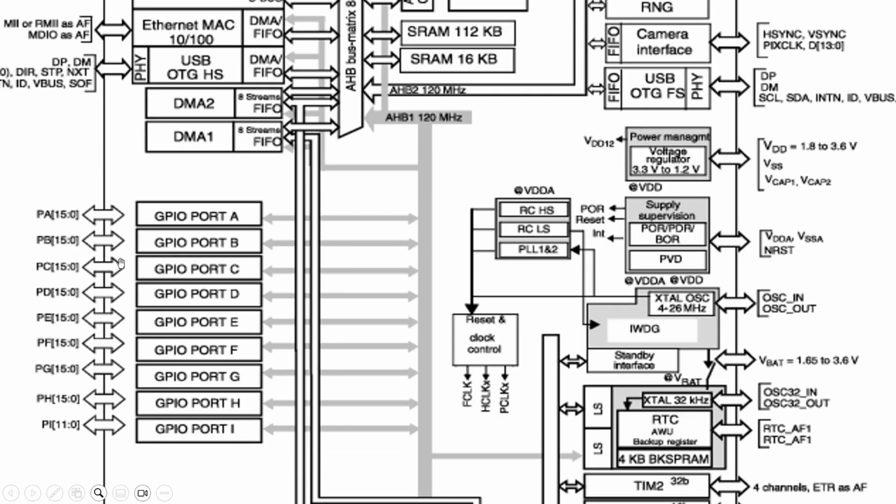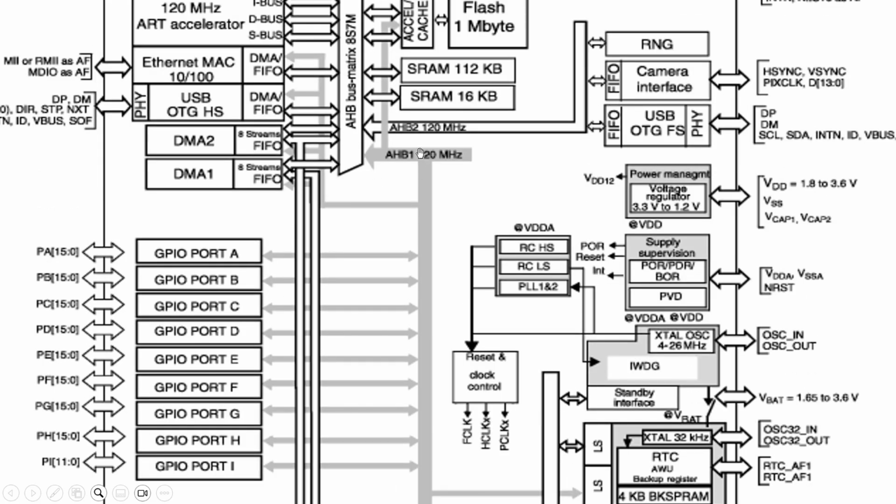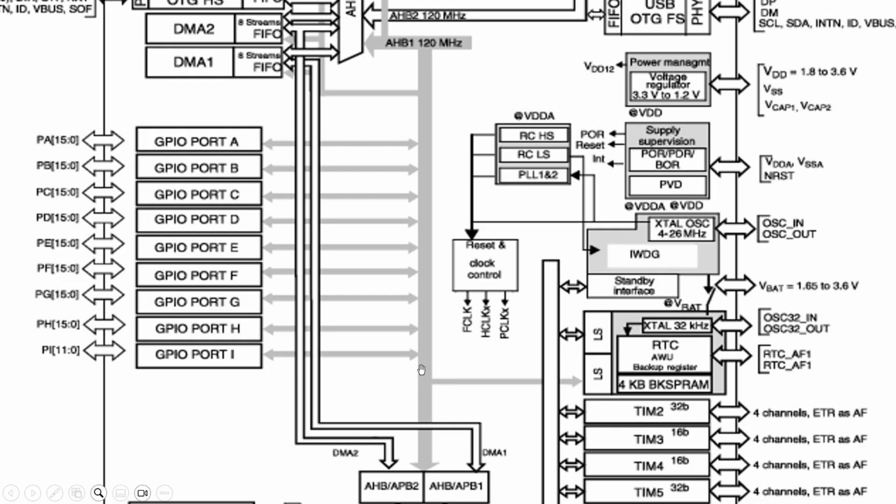And how are other peripherals communicating with the processor, like suppose we are talking about GPIOs. GPIO port A, port B, port C. All the GPIO ports are connected with the processor by the help of the AHB1 bus. Understood?